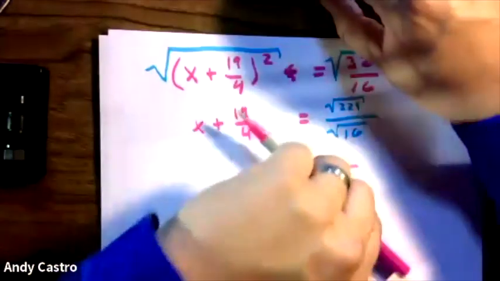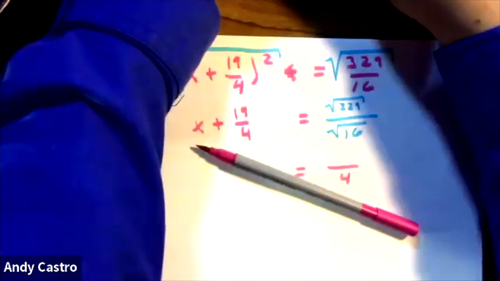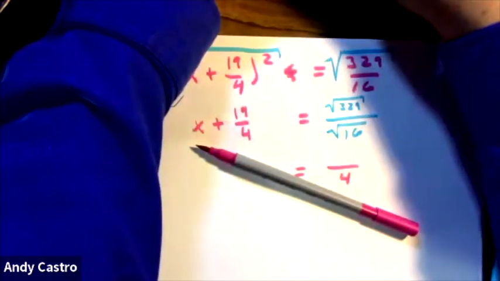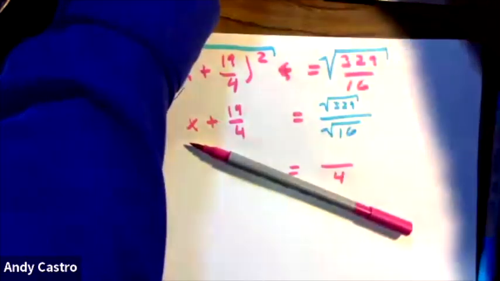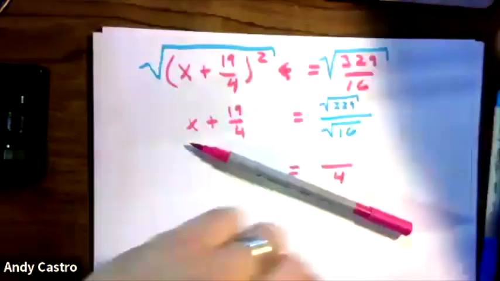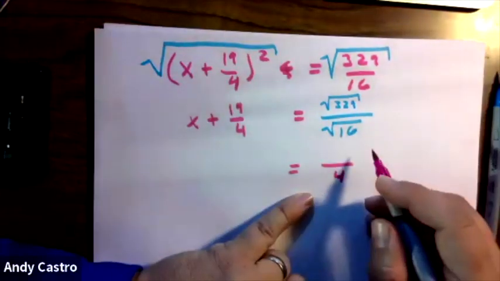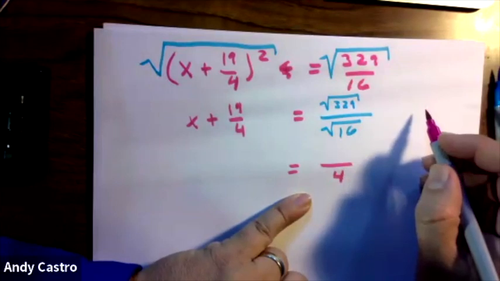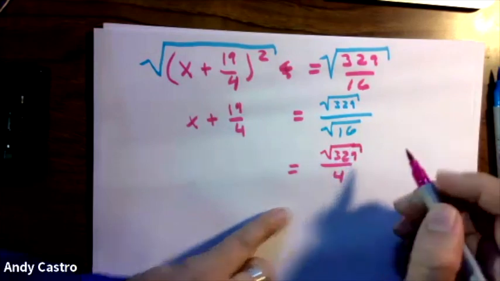Let me see if 329 has a clean square root. It does not. So we can leave that as the square root of 329.